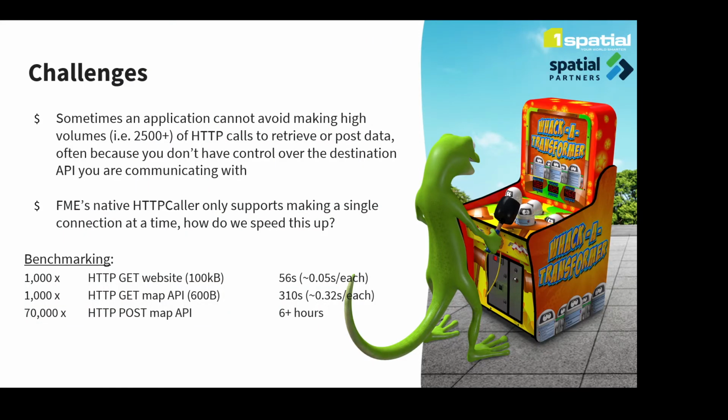So the challenge that we were facing is that in some cases we've been asked to send thousands of HTTP calls for a single workbench execution, and sometimes you can't avoid this, often when you don't have control over the destination API that you're communicating with, because it's part of a third party.